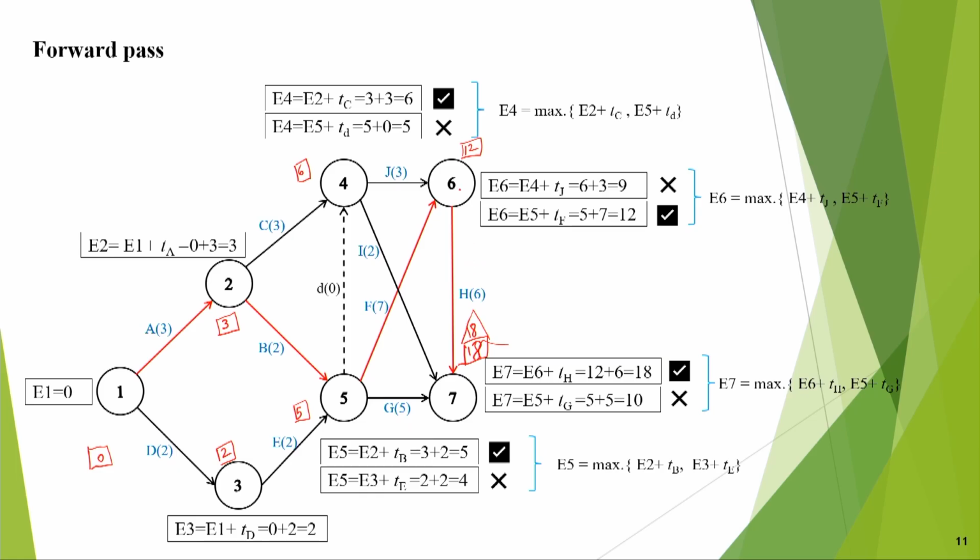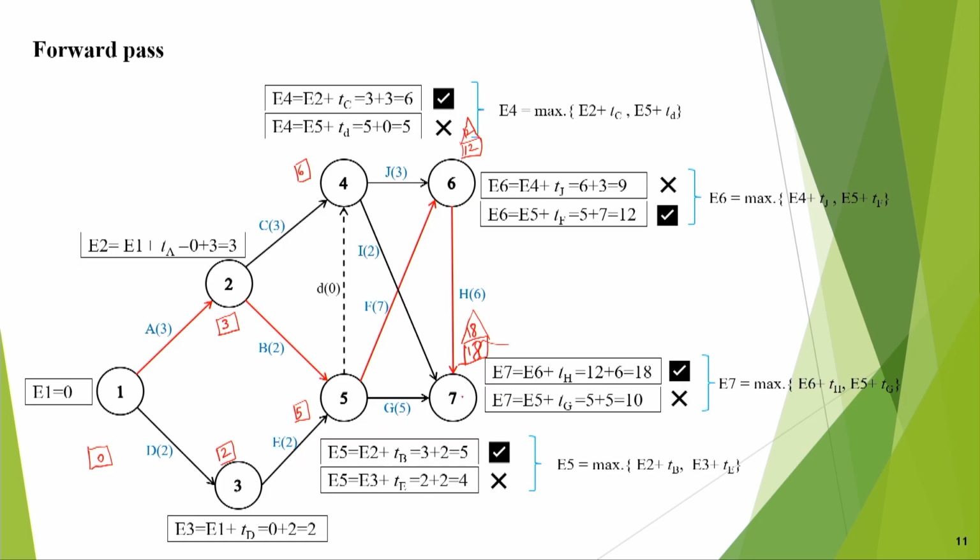Now you go to event 6. This is 18 and this is 12, so the duration is basically 6. So 18 minus 6 is 12, and this will get 12. Now from 7 we go to the event after 6, and then to node 5.